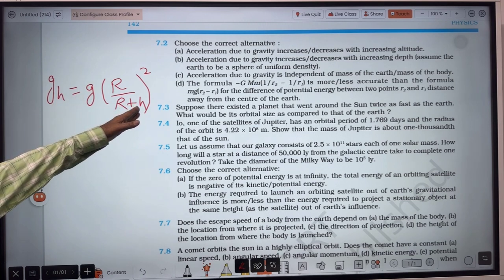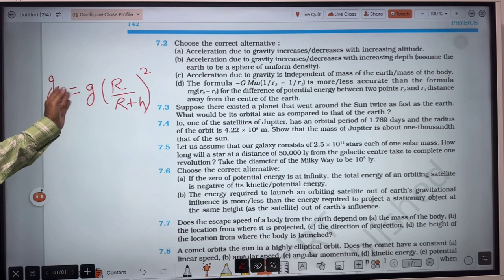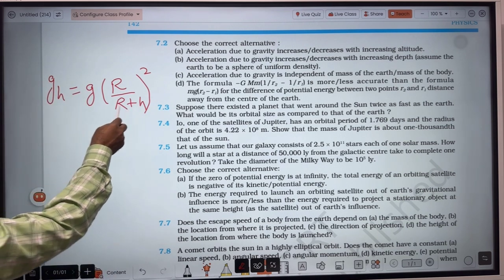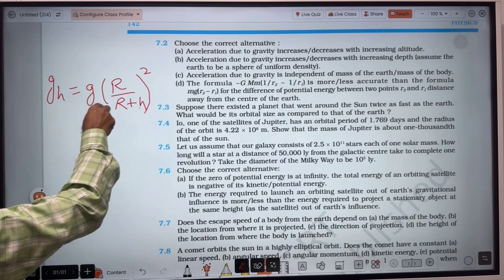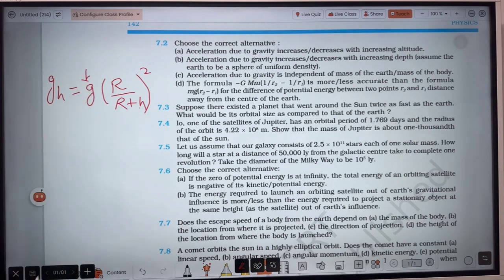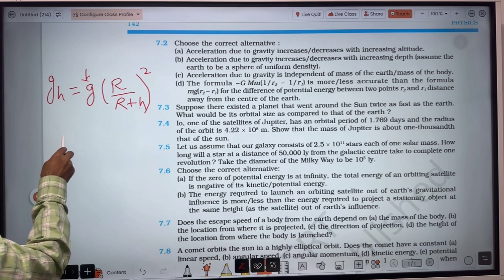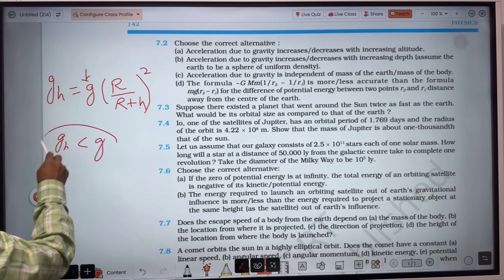If h increases, then definitely this will decrease. For any value of h, the denominator will be larger, so the acceleration due to gravity will decrease. So you can say gh is less than g.